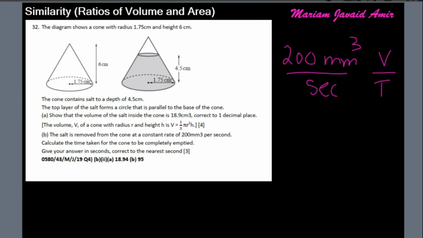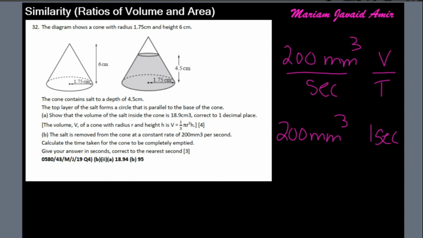Calculate the time taken for the cone to be completely emptied. Give your answer in seconds, correct to the nearest second. Alright, so we're given that 200 millimeter cube of salt is emptied in 1 second.